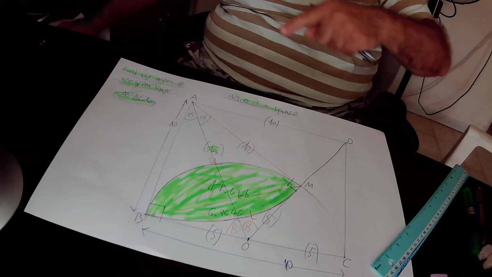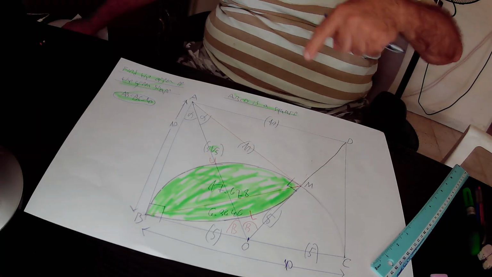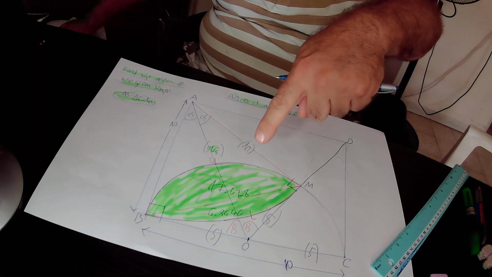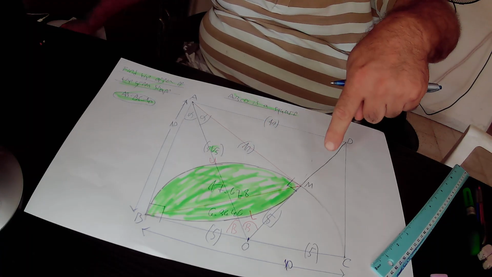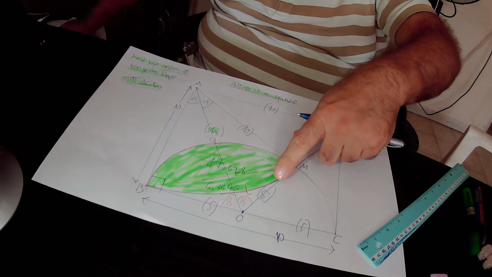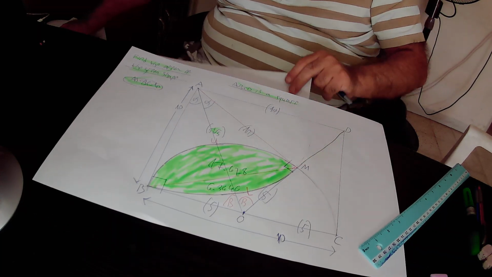Our task is to find the area of this green shape. The area of the green shape equals the area of the upper segment BUM, that is 17.678, plus the area of the lower segment BLM, that is 6.3646 square units in size.